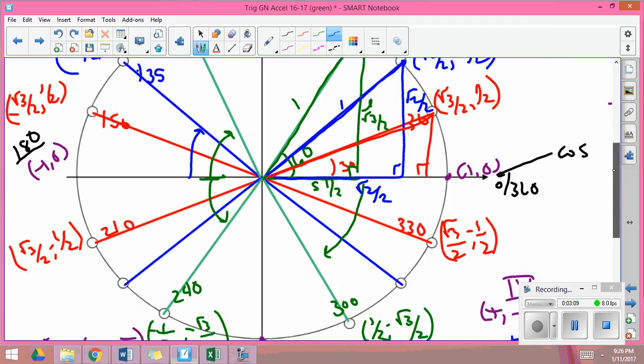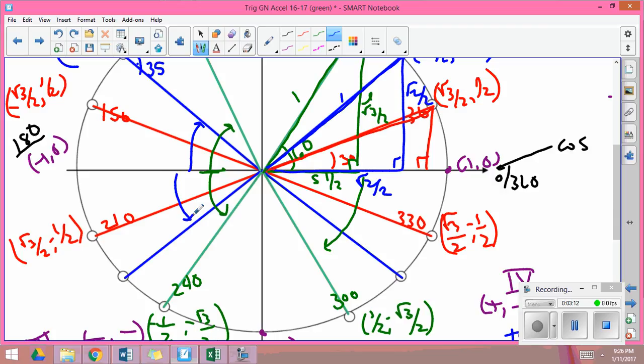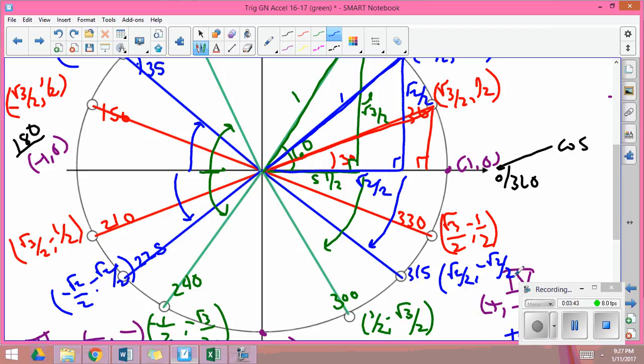And if I'm at 180 and I add 45, I'm at 225, and I'm at negative square root of 2 over 2, negative square root of 2 over 2. If I'm at 360 and I subtract 45, I'm at 315, and I am at the square root of 2 over 2, negative square root of 2 over 2.